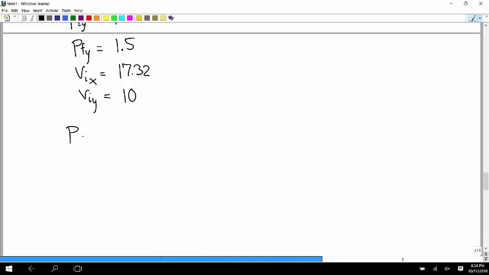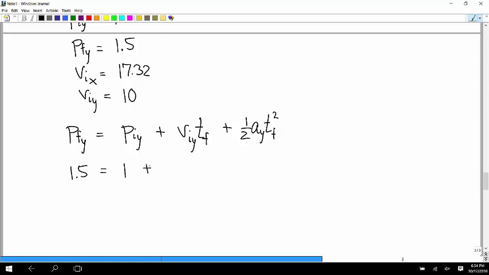So to find TF, PFY is equal to PIY plus VIY TF plus 1/2 AY TF squared. Okay, and so this says 1.5 is equal to 1 plus 10 TF minus 4.905 TF squared.